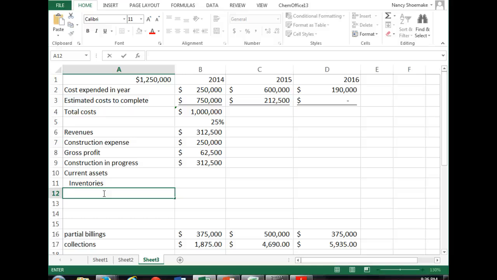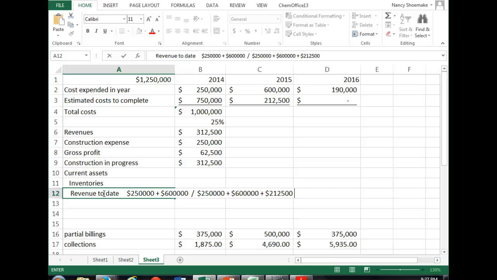So what we would do, revenue to date would be the $250,000 plus the $600,000, and then you would divide that by the $250,000 plus the $600,000 plus the $212,500.